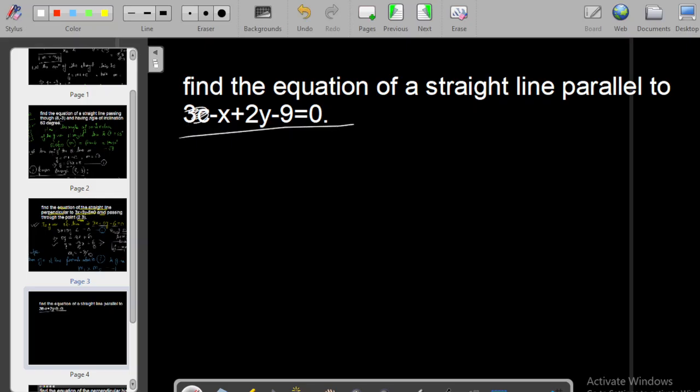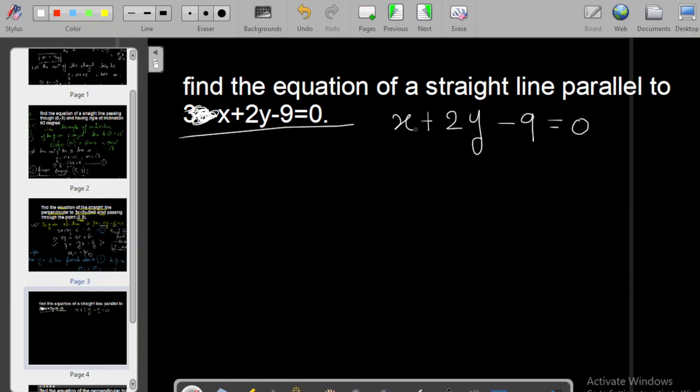This is a misprint basically. So the equation, I am writing it carefully, that is given is x plus 2y minus 9 equals 0. Also another thing, it's not given through which point the straight line passes. So no point is given. So let us see how to cope with this problem.